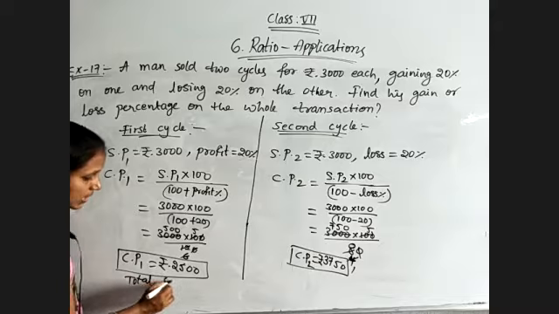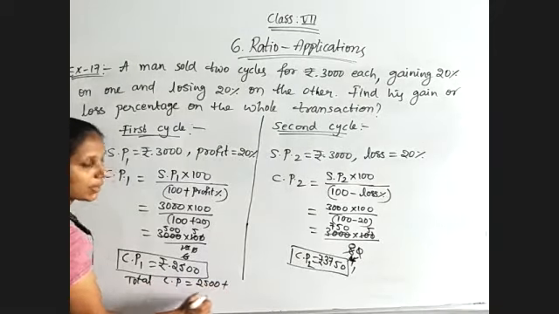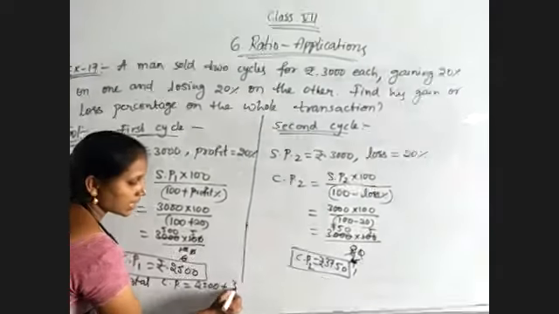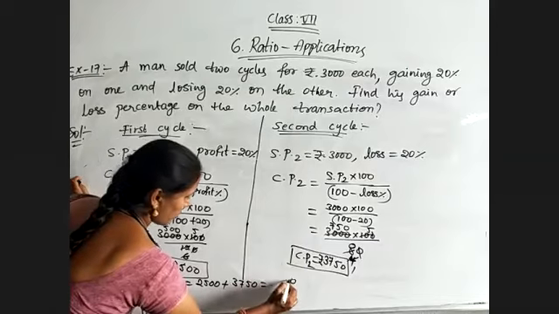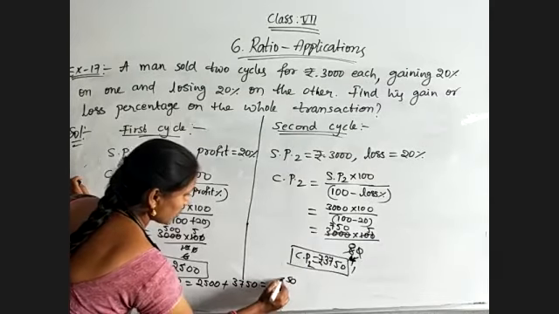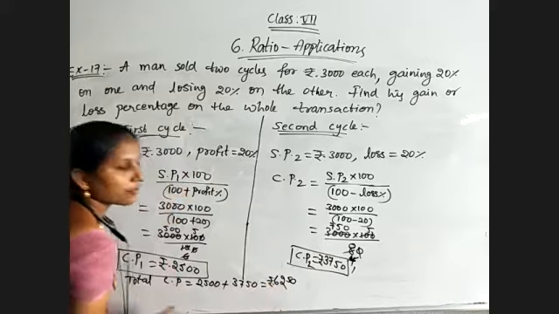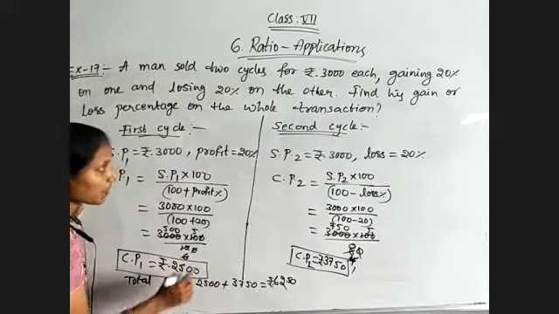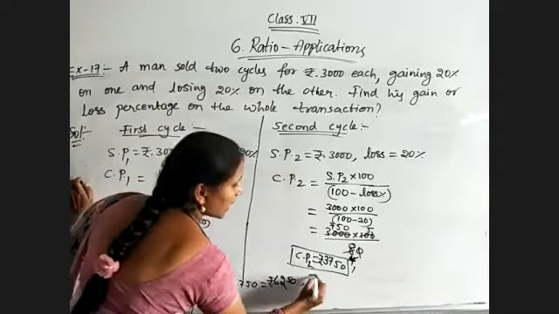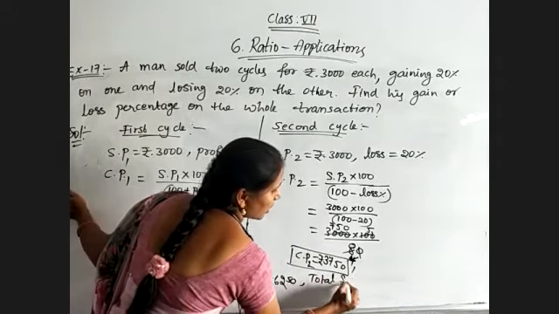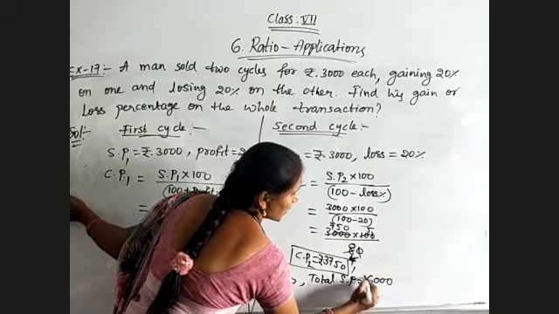Total CP is equal to 2500 which he spent on the first cycle, and on the second cycle 3750 rupees, which will be equal to 6250. And total SP will be equal to 3000 plus 3000, which is equal to 6000 rupees.